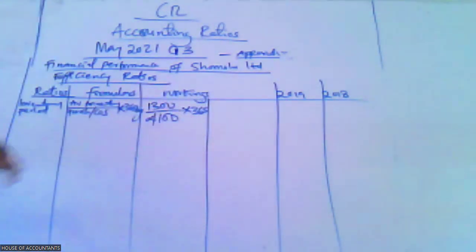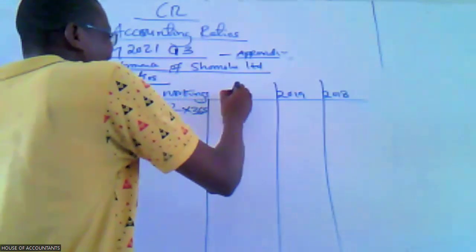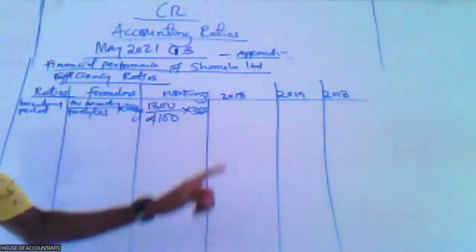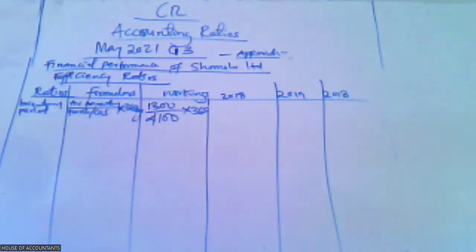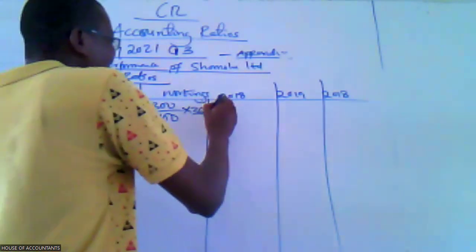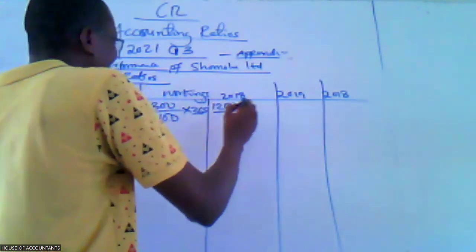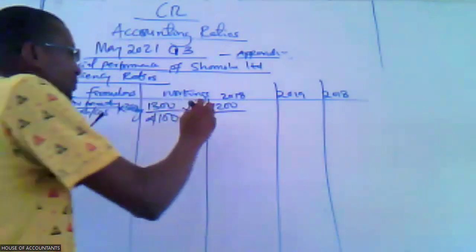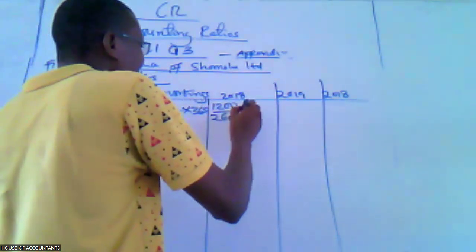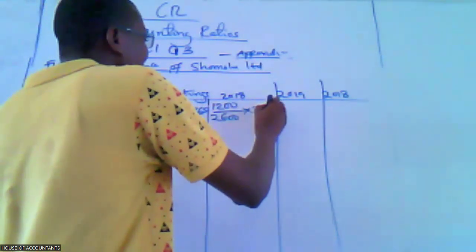Okay, for 2018, what do we have? What is the closing inventory for 2018? 12. Then our 26 multiplied by 365 days.